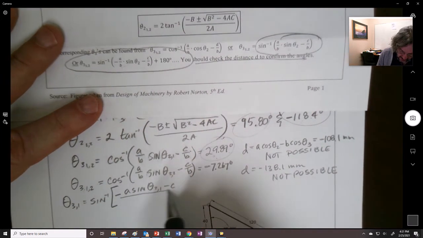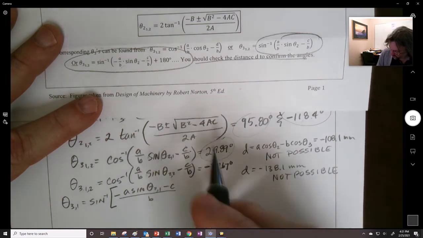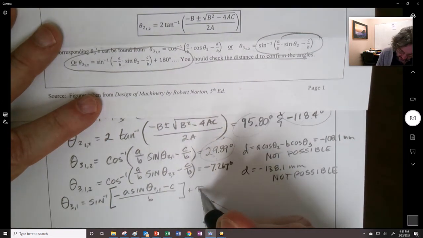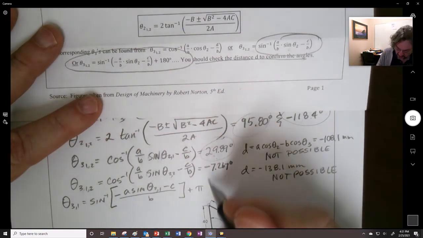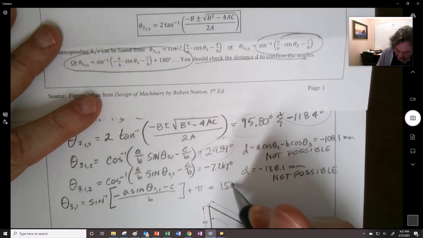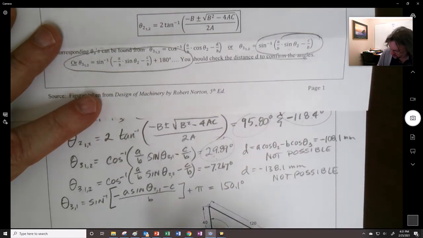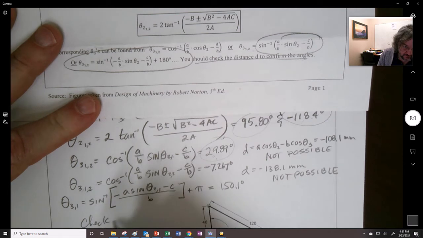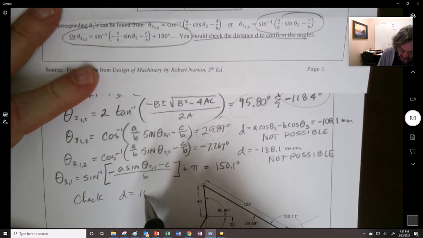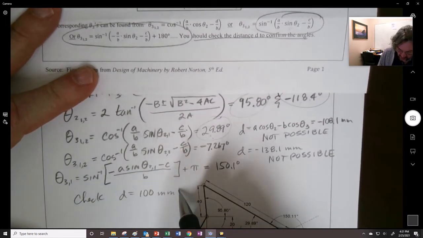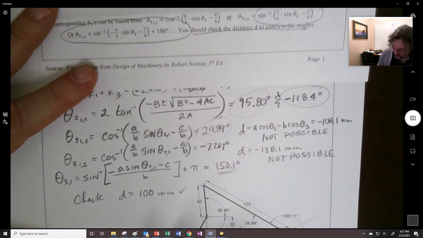And then add pi to it, or add 180 degrees. What I end up with is 150.1 degrees. And I check it, and that d ends up being 100 millimeters. So that is a valid answer.